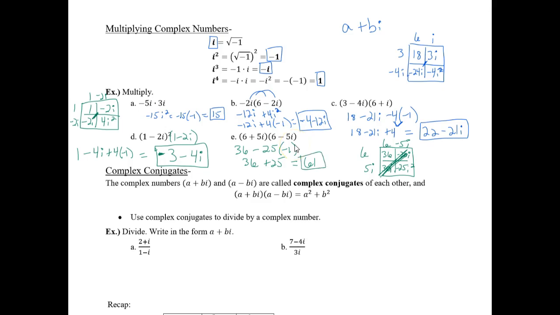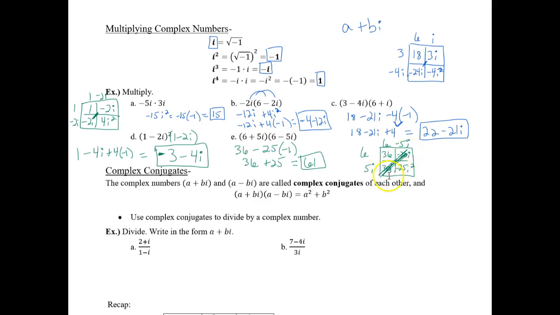Notice what we were multiplying. Do you see a relationship between what we were multiplying? If you did, you'd notice they are conjugates: the exact same terms, but the sign in the middle is different. I have one positive and one negative. When we multiply conjugates, the middle terms drop out, and we're left with a difference of squares.